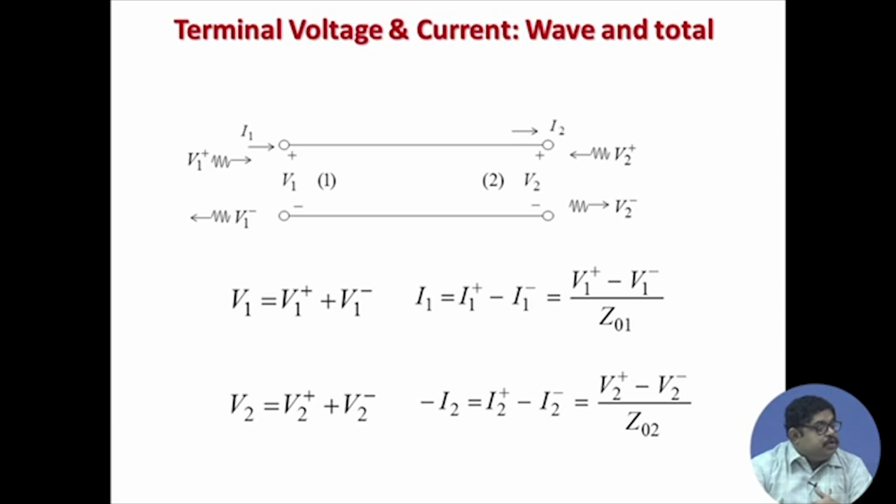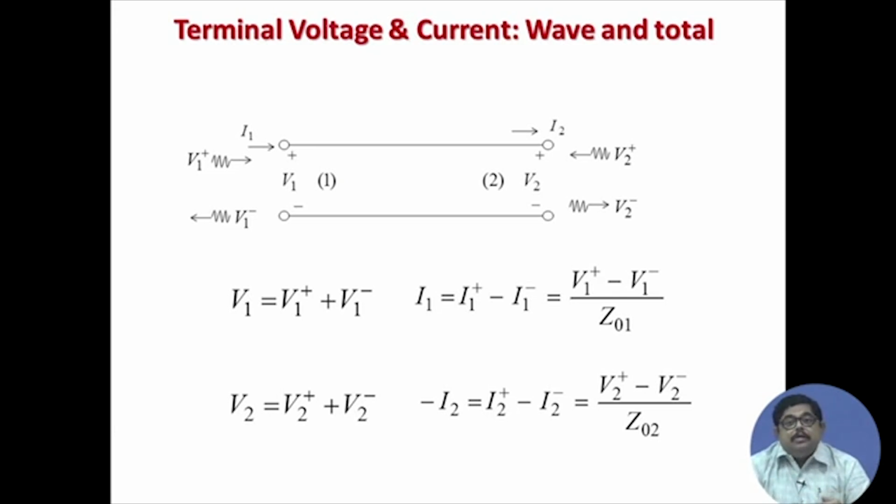Now, for that we need to break the total voltage V1 into the incident voltage wave and reflected voltage wave. So, V1 is equal to V1 plus plus V1 minus.